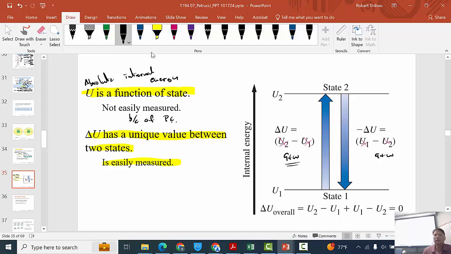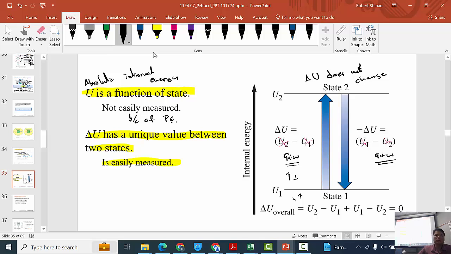Now, delta U doesn't change. It's like a fixed property of the system, the change in internal energy. But the Q and W do. So, for example, if Q is high and W is small, that's one way of doing it, or we could do a lot of work and not much heat.